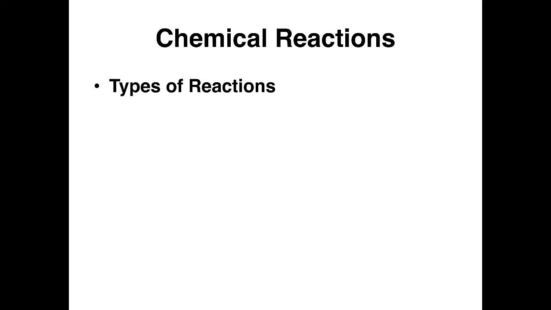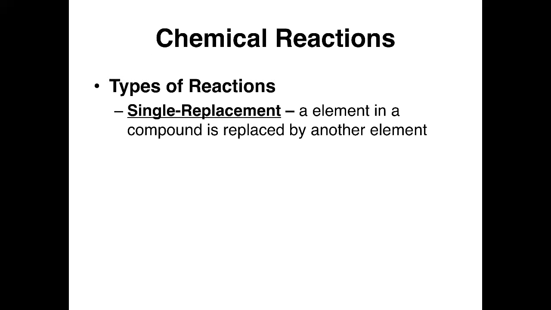The third type of reaction is the single replacement reaction, and this occurs when an element in a compound is replaced by another element, but there's only one replacement. So in this case, zinc replaces barium and goes from barium sulfide to zinc sulfide.